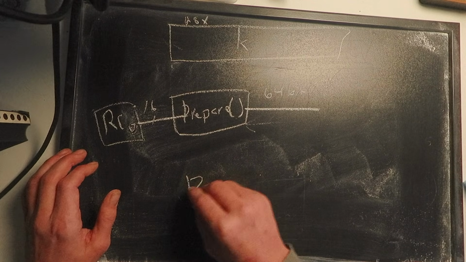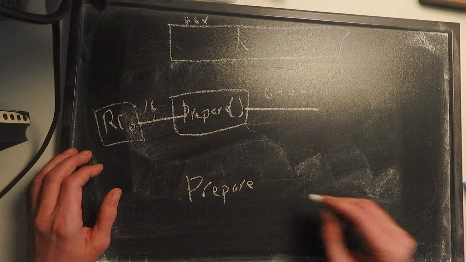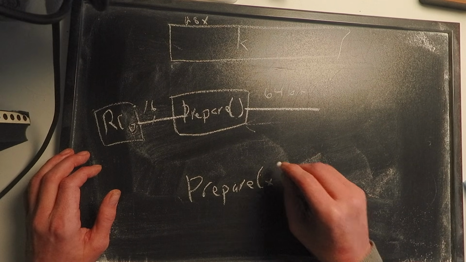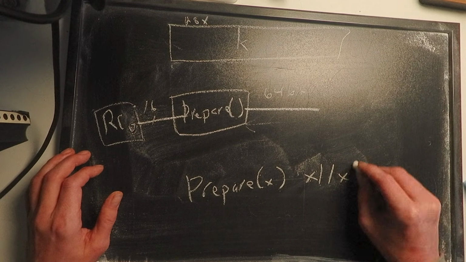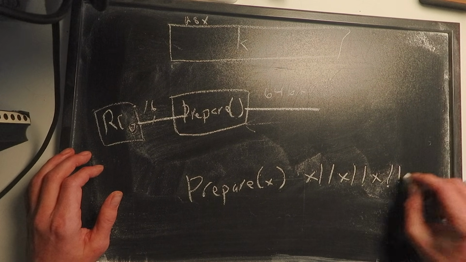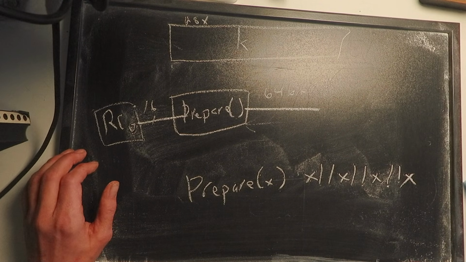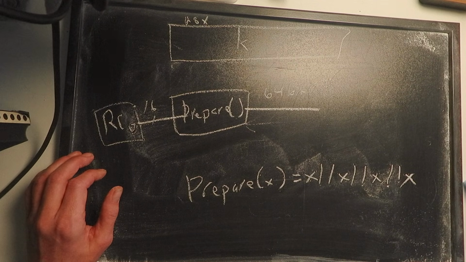And the prepare function is very simple. So prepare of x is just x, x, x, x. And this pipe symbol here, that is an append.